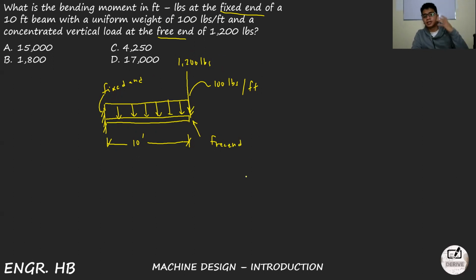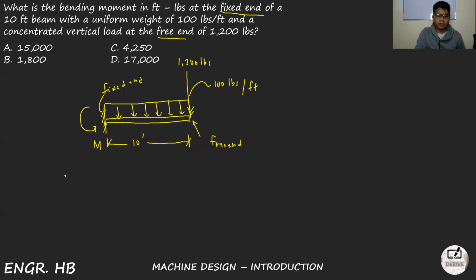Since this is a fixed end or cantilever beam, we don't need to draw the shear and moment diagram, because we can apply moments directly. There are no other forces involved, only these two: the uniform weight load and the concentrated load. And of course, we have a moment at the fixed end.